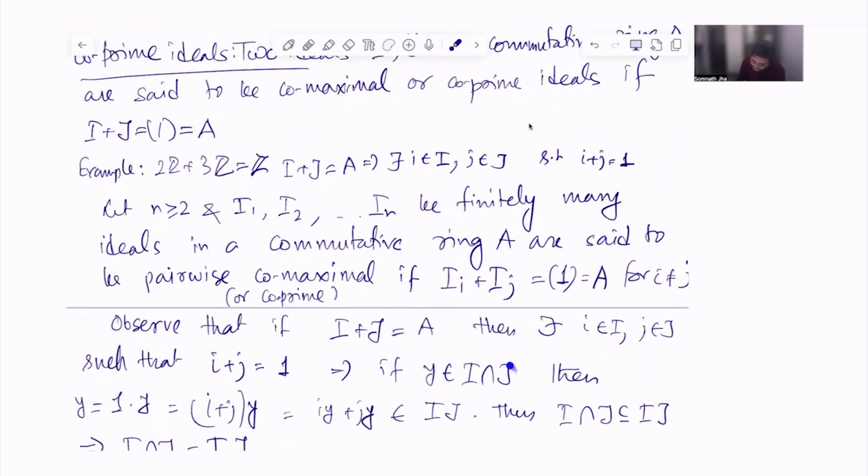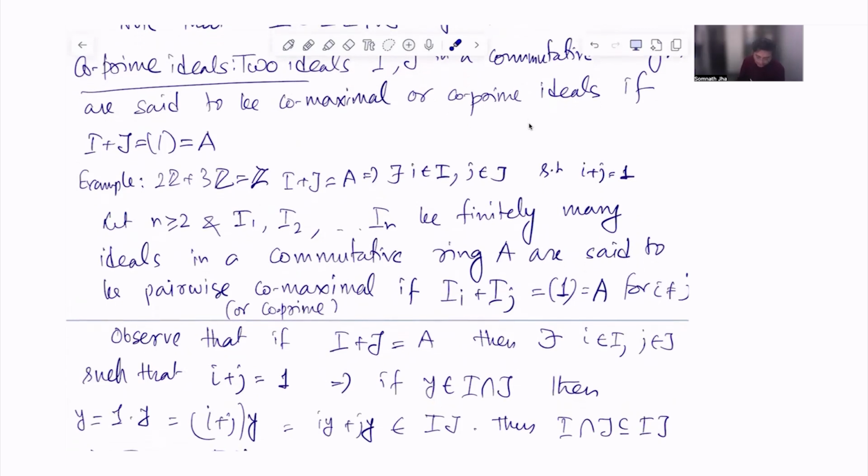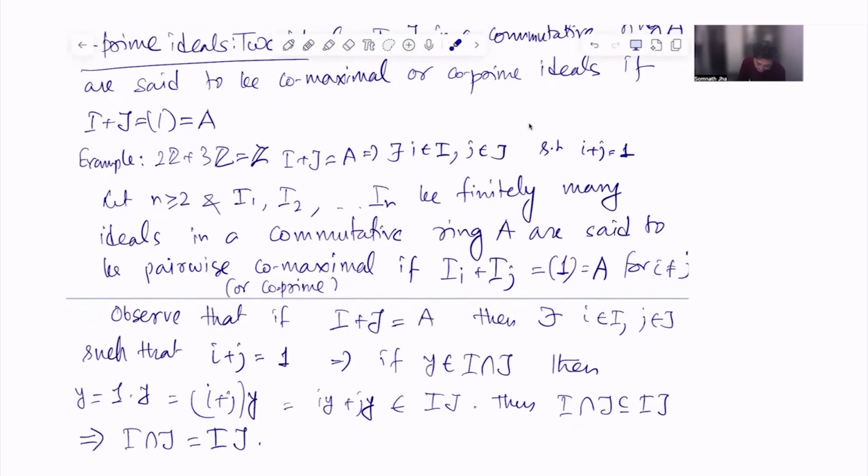This implies that if y is in I intersection J, then y can be written as 1 times y, which is (i plus j) times y, so i times y plus j times y, because 1 equals small i plus small j.